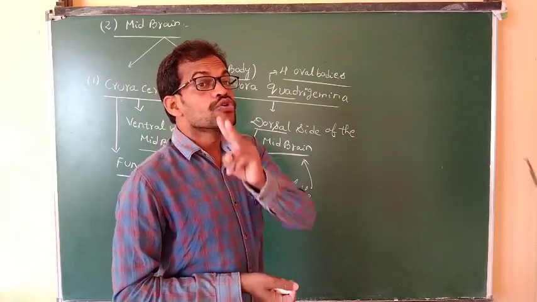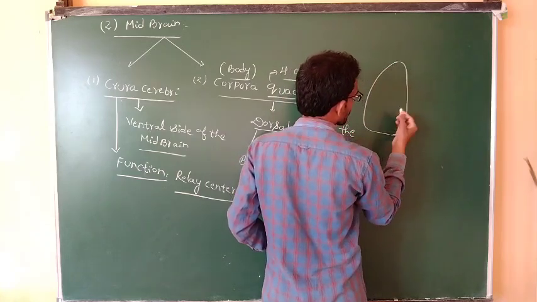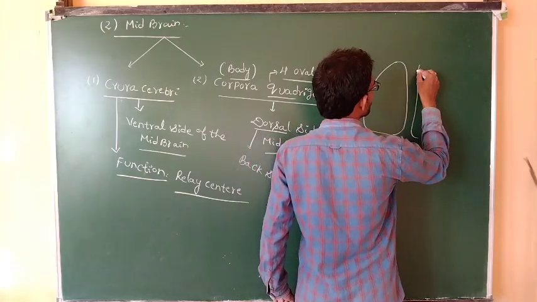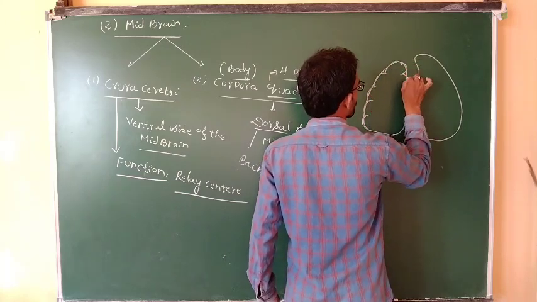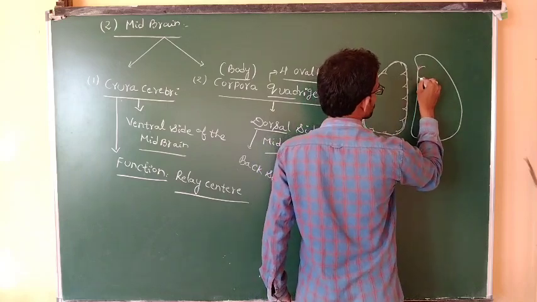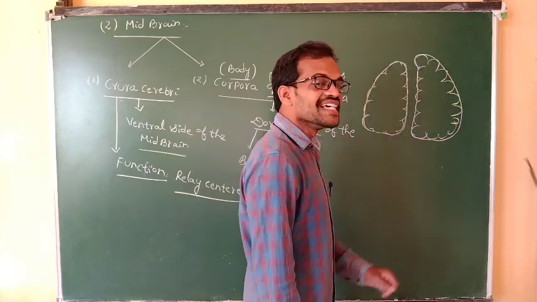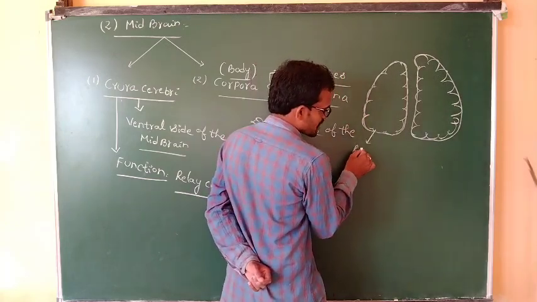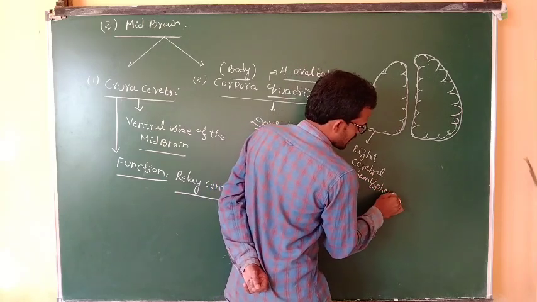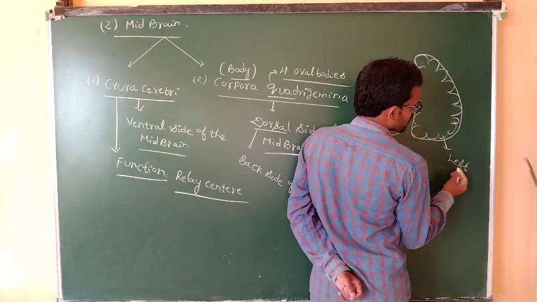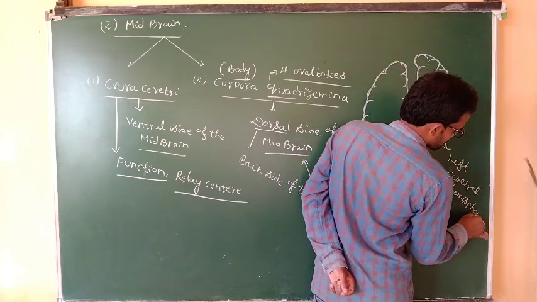The cerebrum consists of two cerebral hemispheres: the right cerebral hemisphere and the left cerebral hemisphere.